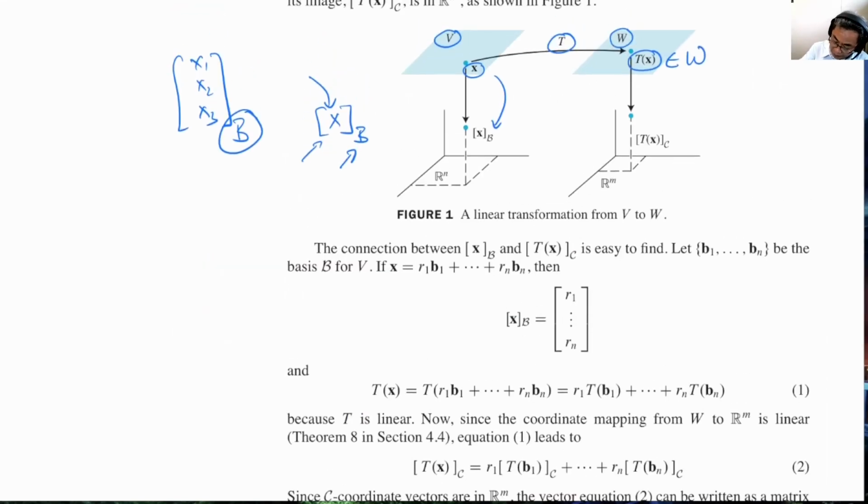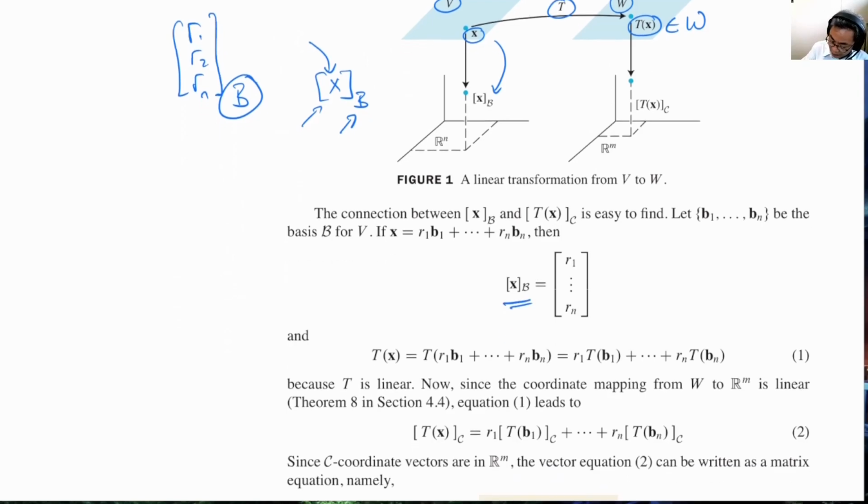In Lay's book, he uses the elements R1, R2, up to Rn as the elements of the X coordinate vector in the B basis. What does [X]_B mean? Basically, the coordinates are scalars that are multiplied by the basis vectors.